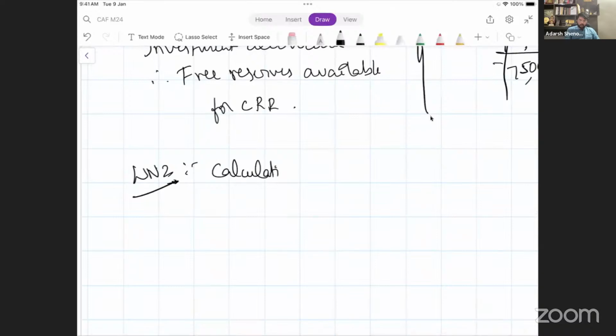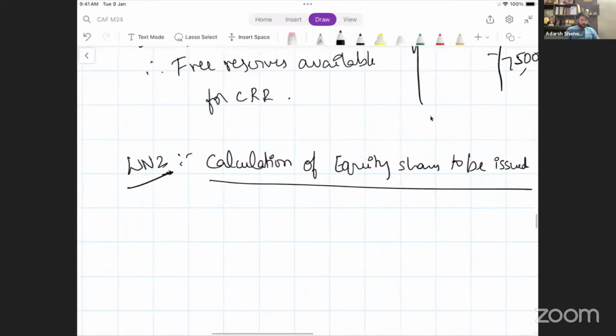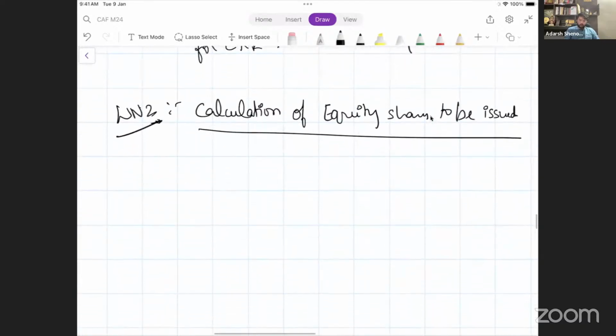Calculation of equity shares to be issued. Have you all understood this? Am I clear with this? If you've not followed something, please let me know.